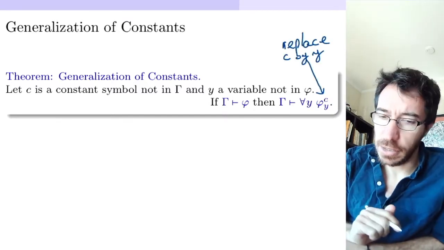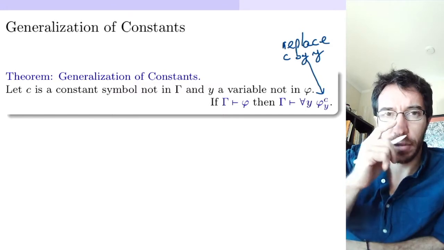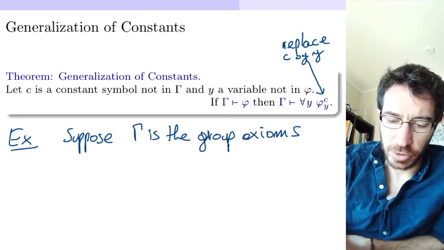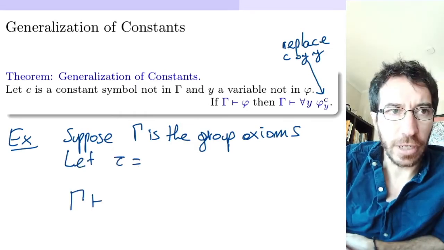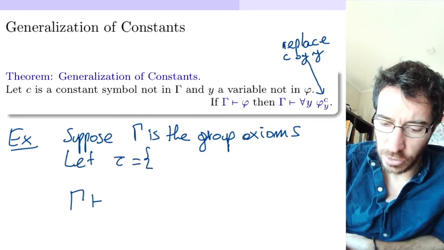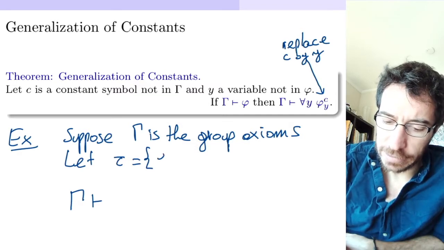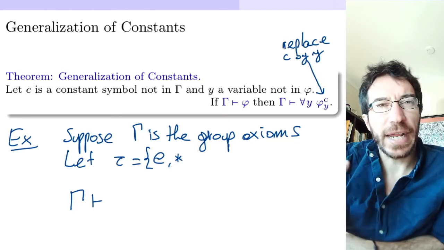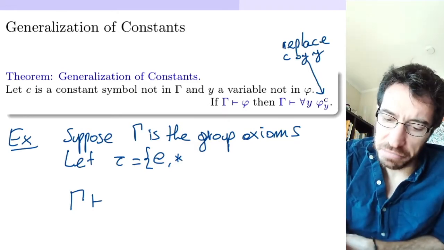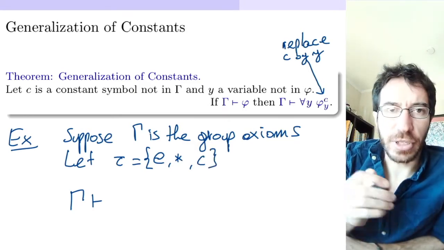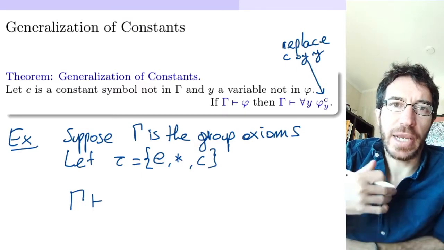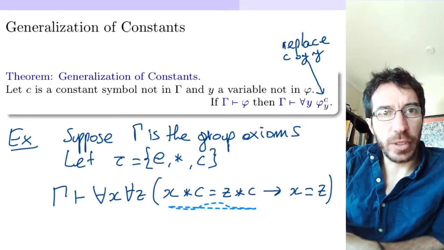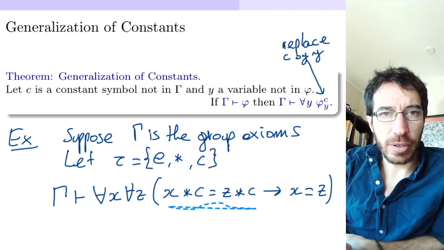Let's see an example of something like that. Suppose, for instance, that gamma is the group axioms, and let's consider the vocabulary tau, which contains the usual identity and a binary operation for groups, and we're going to add an extra constant c. Let's just suppose we are looking at groups with an extra constant c. So let's consider the following sentence that you can prove from the group axioms.